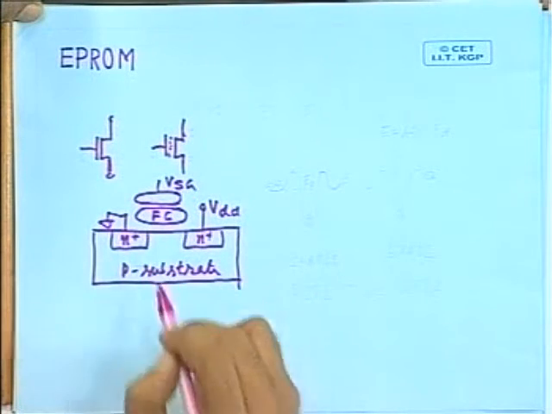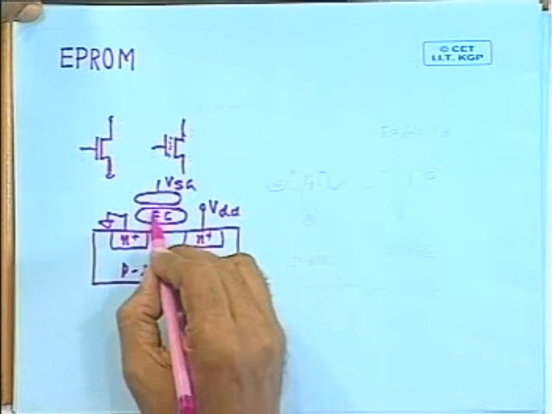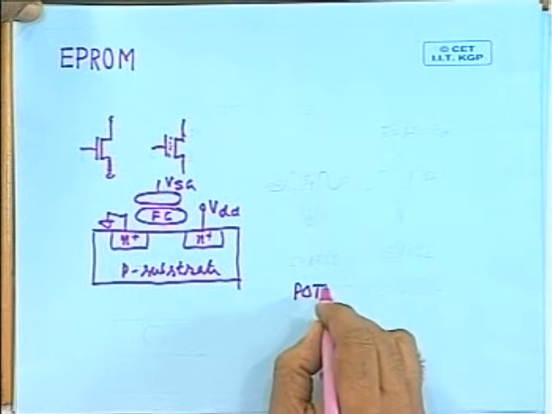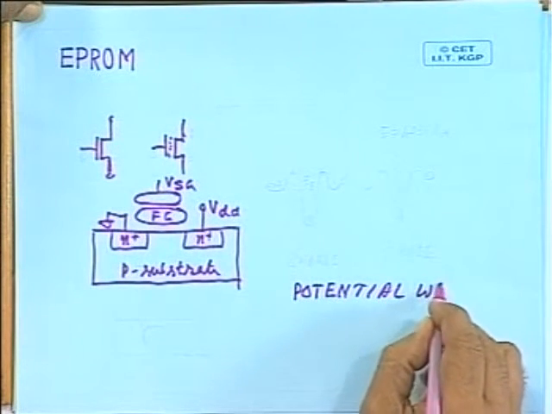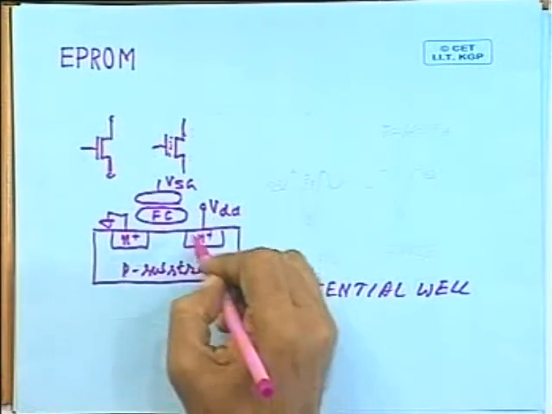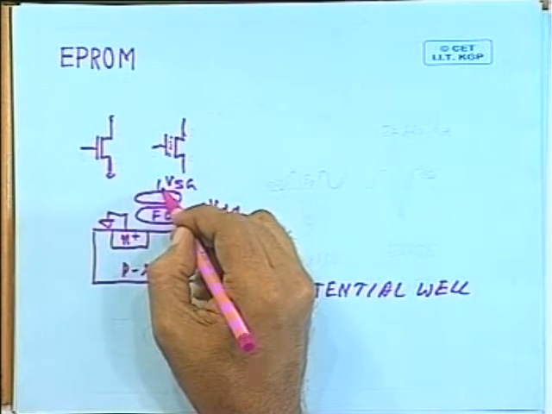Then how is the writing done? This can be explained with the help of a potential well. As you know, this transistor will be on whenever you apply positive voltage on the gate.